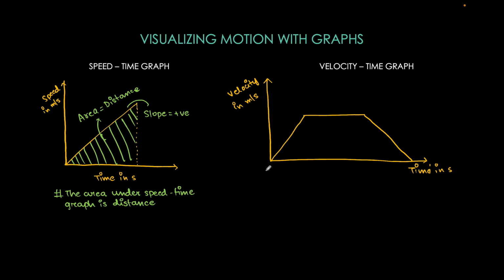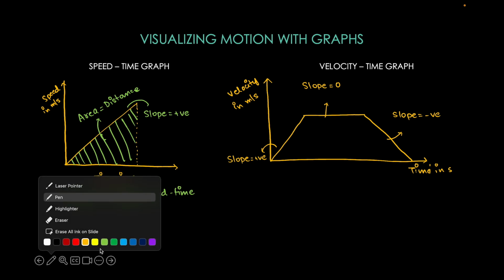Now, I told you earlier, if you see a slope which is increasing in the upward direction, always remember that this slope is positive. In this case, if the curve is parallel to the x-axis or the time axis, the slope is 0. And if you see a slope which is going downwards in this way, remember that the slope is negative. Okay, but what is actually the slope of velocity time graph?